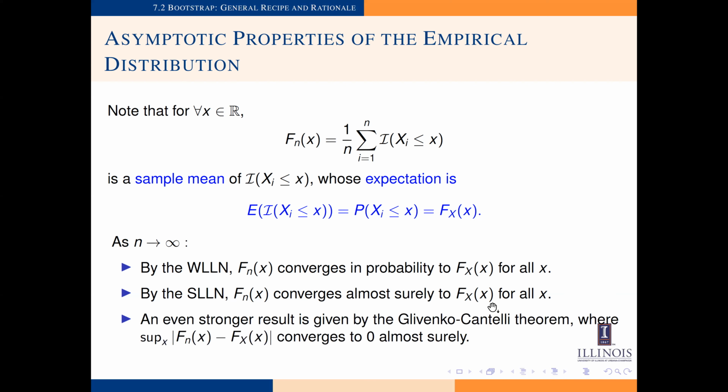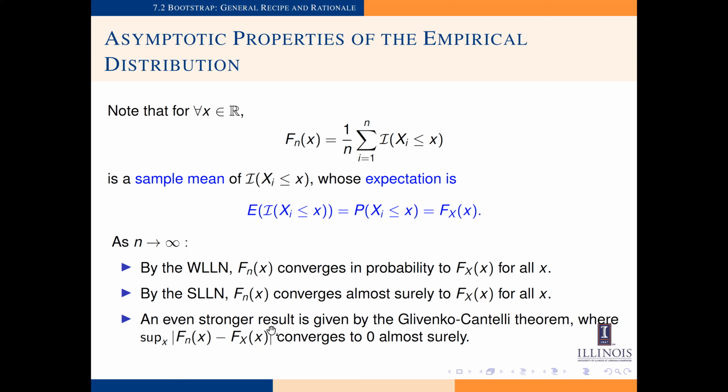There's actually an even stronger result. If you take courses like probability theory or large sample theory, you might be introduced to this result, known as the Glivenko-Cantelli theorem. What this says is that as n goes to infinity, the supremum over all possible x's in R of the distance between the empirical CDF evaluated at x and the theoretical CDF evaluated at x will converge to 0 almost surely.